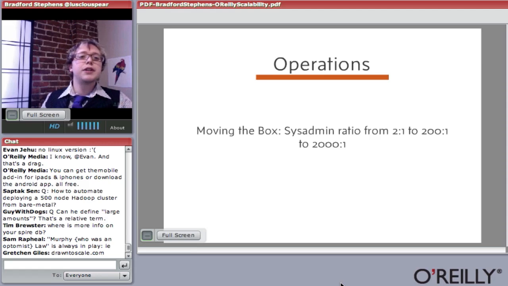So this kind of brings me to the first of the three sections of this talk, which is operations. You want to move the box to sysadmin ratio from 2 boxes per sysadmin to hundreds or thousands. Because if you're building large clusters, you just can't hire and coordinate the amount of people you need to manage them.